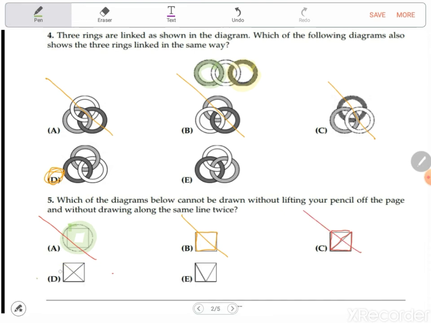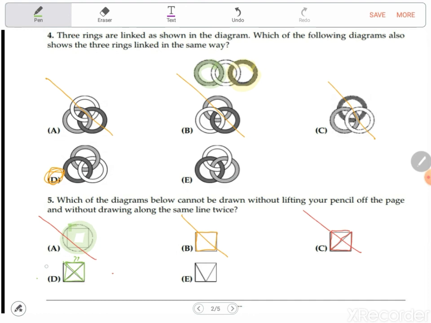And for D, however, we cannot form it. This length will always remain in this case. Or if you start from here, this line will be filled, but another line will remain undrawn.